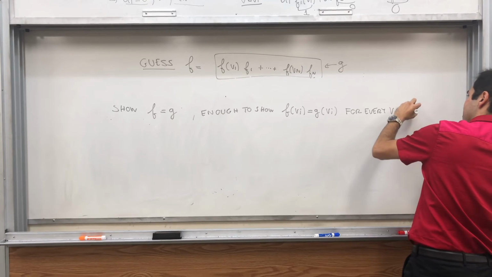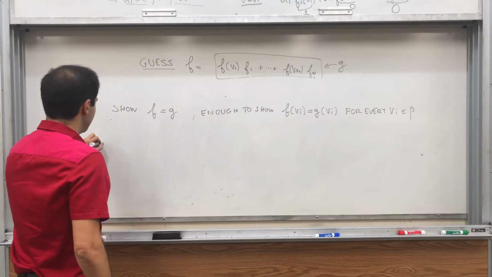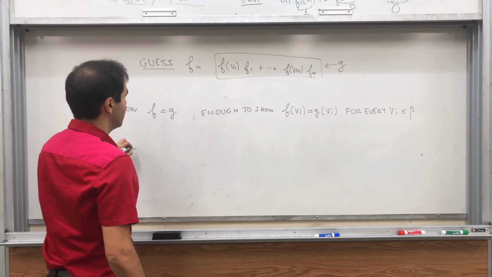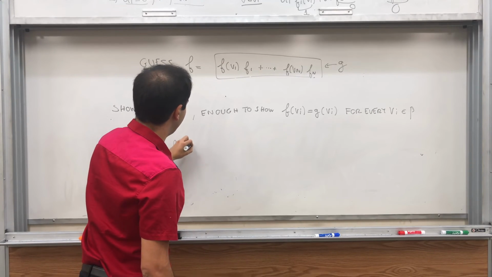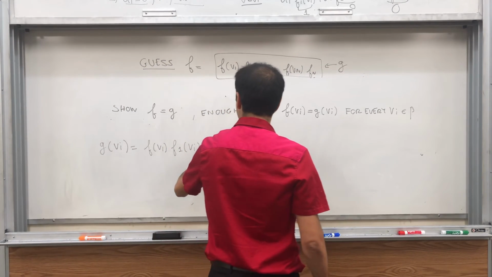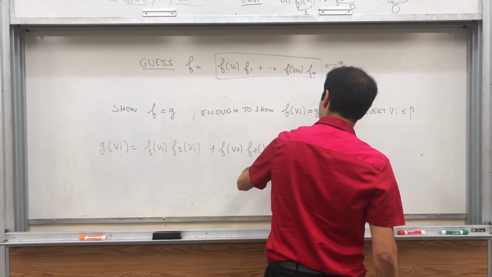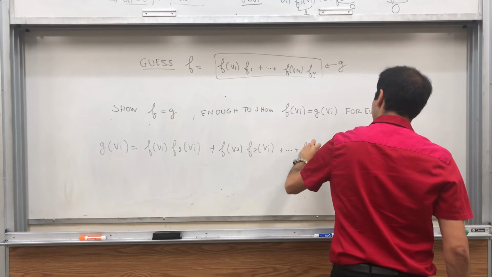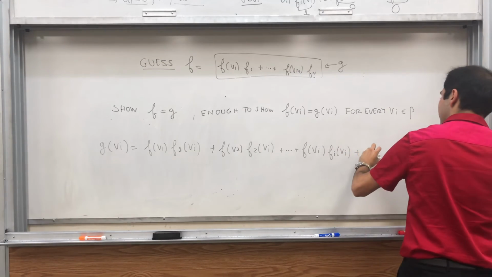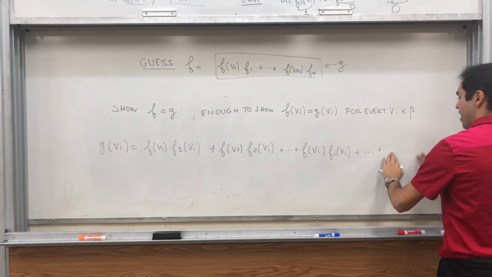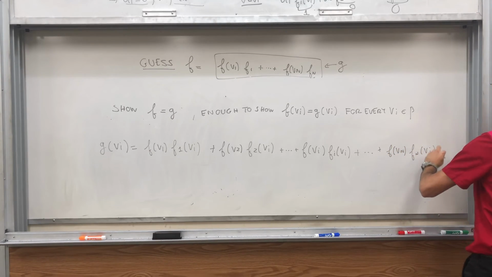But then, that's not too hard to show because look, g of vi, by definition, is f of v1 f1 of vi, plus f of v2 f2 of vi, plus plus f of vi fi of vi, plus plus f of vn fn of vi.